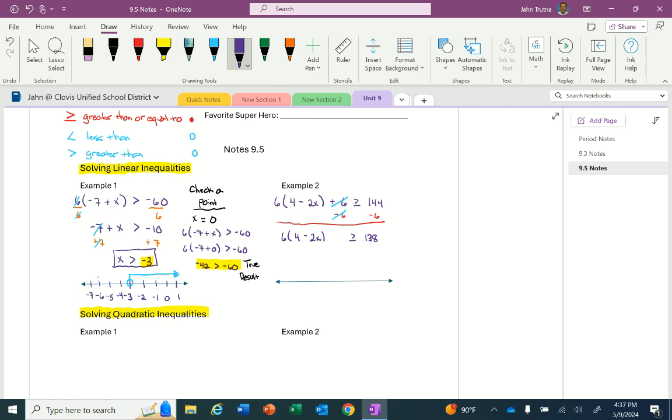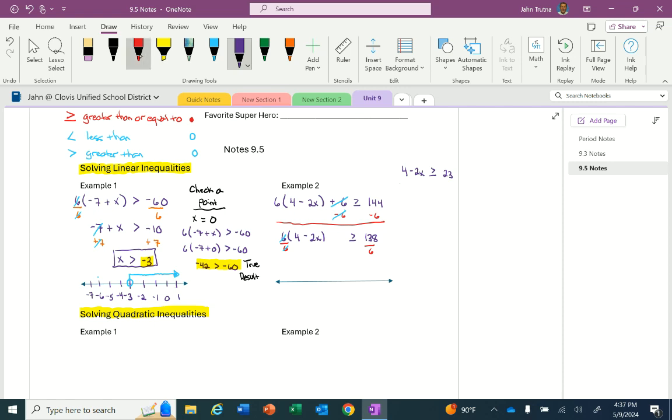My next step now is I would divide both sides of the equation by 6. After I divide by 6, that would cancel out the 6's. That's good. And now that would make my equation, and I'm going to write my equation over to the right, 4 minus 2x is greater than or equal to 23. And then I would continue to solve this equation.